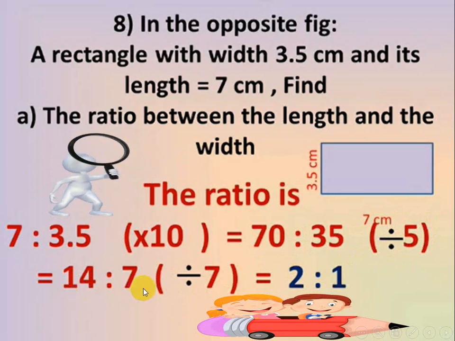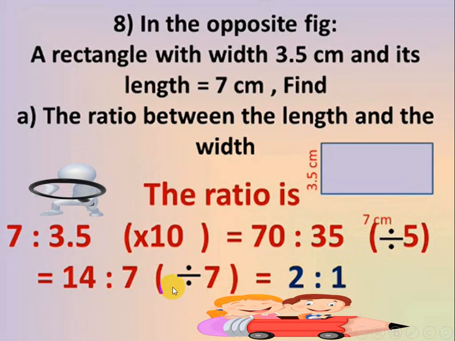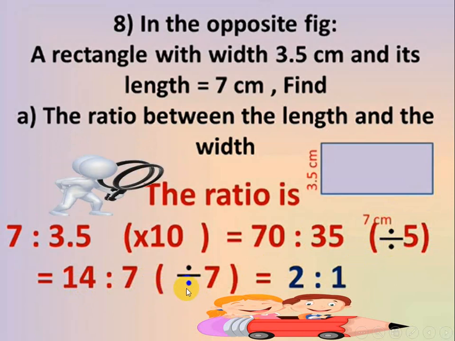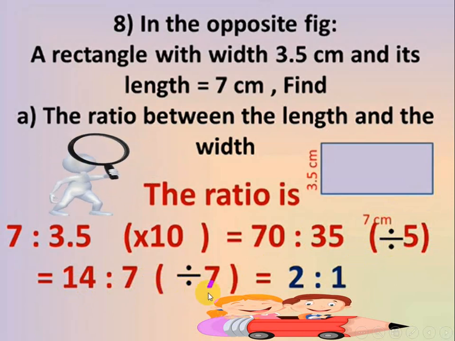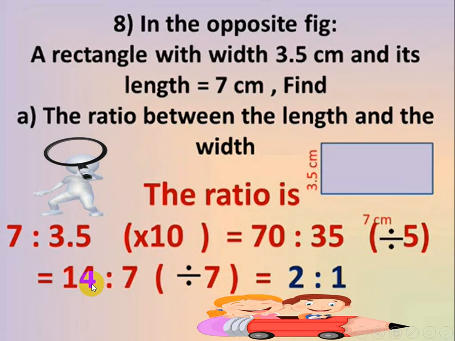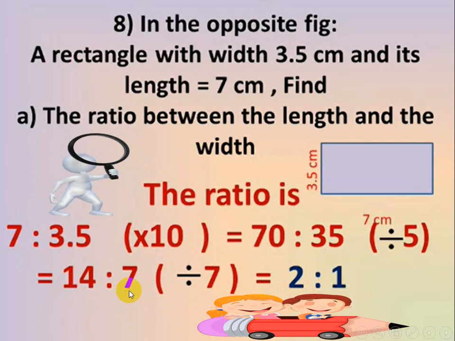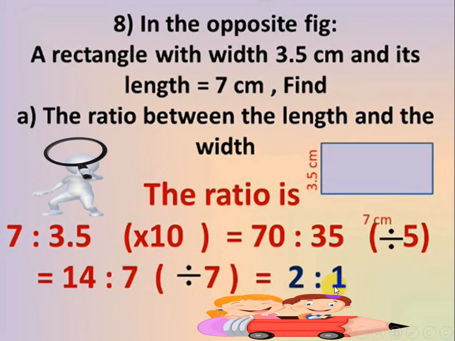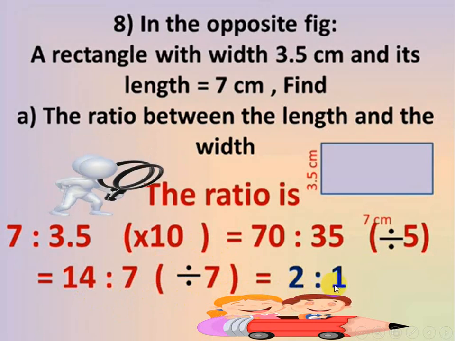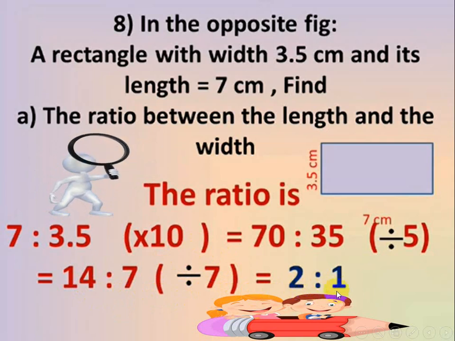So 14 and 7 aren't in the simplest form. We need to simplify them. 14 and 7 are divisible by 7. Write divided by 7. Then 14 divided by 7 equals 2. 7 divided by 7 equals 1. 2 to 1 is in the simplest form, so the ratio will be 2 to 1.